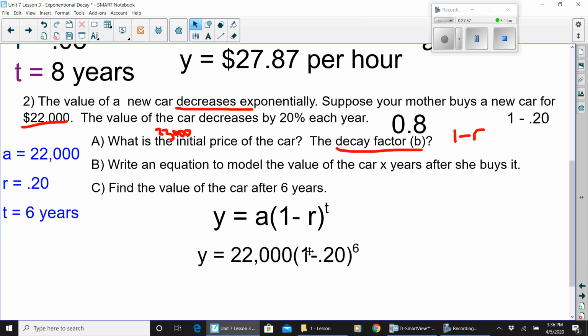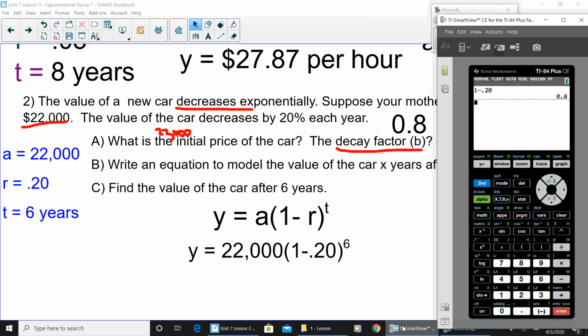Now we just grab our calculator. It's 22,000 times, open parenthesis, 1 minus 0.20, to the power of 6, since it's after 6 years.